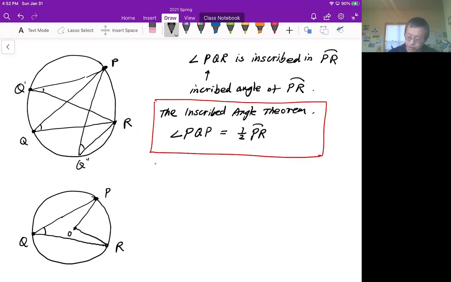So this is just one half of angle POR. My question is, why is the angle Q one half of the angle POR? Give everyone one minute.